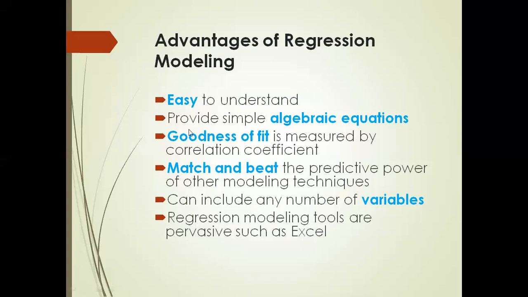The second one is that it provides a simple algebraic equation. These equations are easy to understand and use. The third one is that goodness of fit is measured by the correlation coefficient. It means that the strength of the regression model is measured in terms of the correlation coefficient, that is r square, and other related statistical parameters that are all well understood.